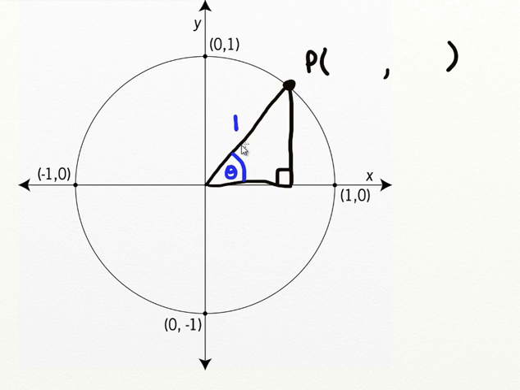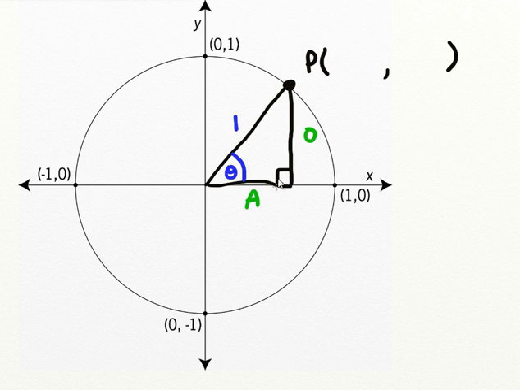Well, those x and y values would be pretty easy at these dots, right? Because we can see that the x value here is 1 and the y is 0. And up at the top, y is 1 when x is 0. Over here, we've got x negative 1. So those ones are easy. The ones that are hard are these ones in the middle. Well, consider this. For this angle, this is still the adjacent side, and this is still the opposite side.